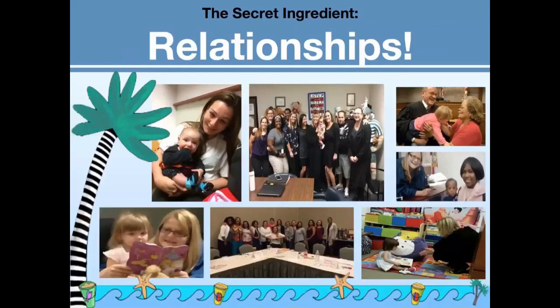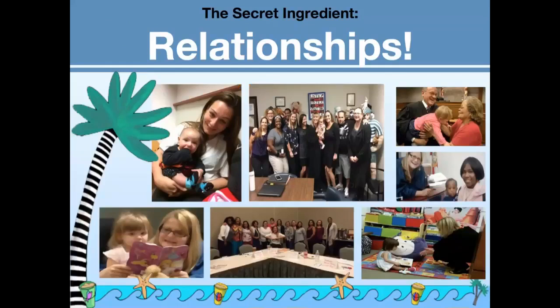So what we know the secret ingredient is relationships. It's relationships at every level. It's the kindness of the judge to the family, as you've heard from Judge Tepper. It is the community coordinator working with a parent to help them with housing and drug rehab and whatever their concrete needs are. And then it's also the parent's relationship with the child.